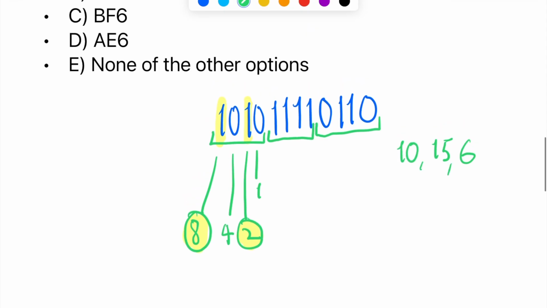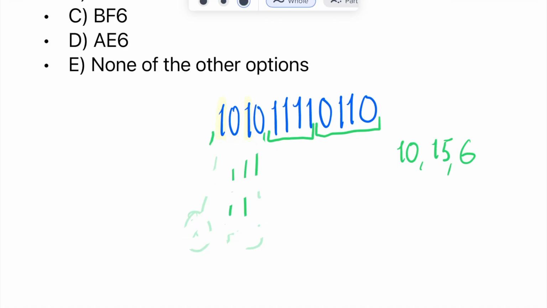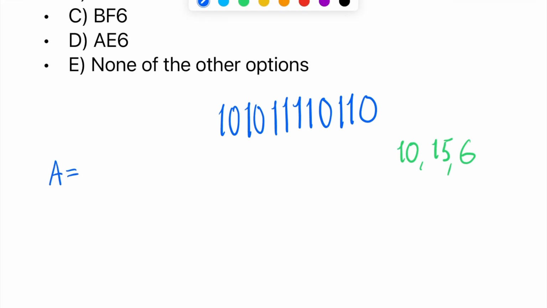So if we look at our basket, we got 10, 15, 6. Again, let's write down what A equals: that's 10. We got 0 to 9, the digits, and then the letters.